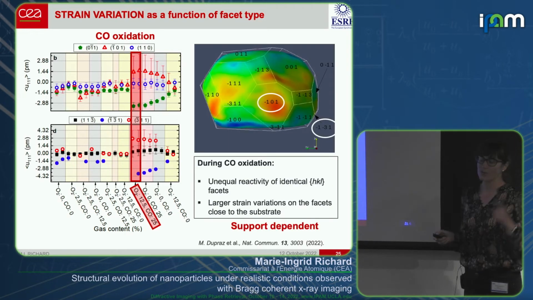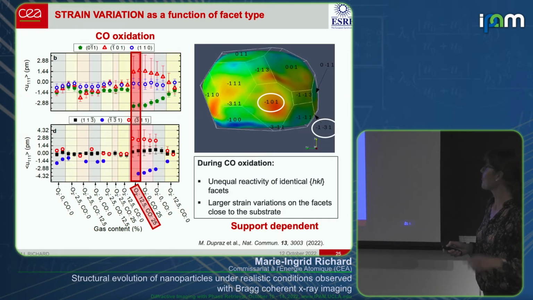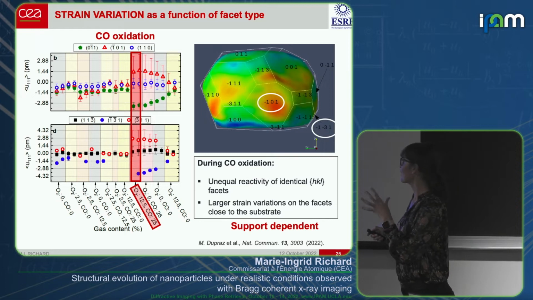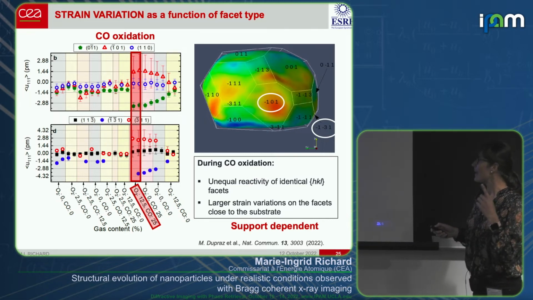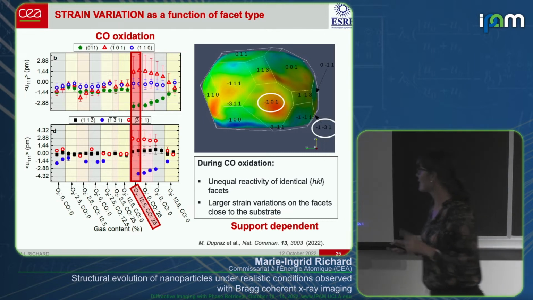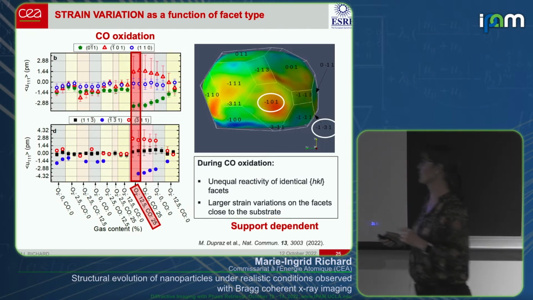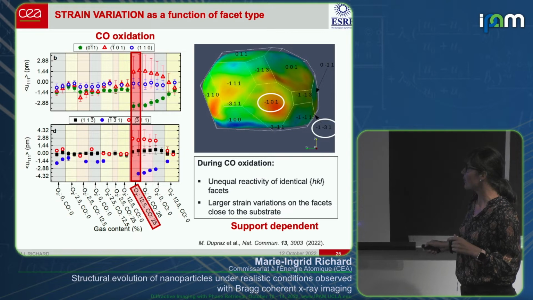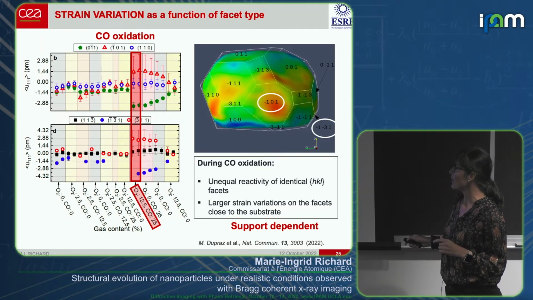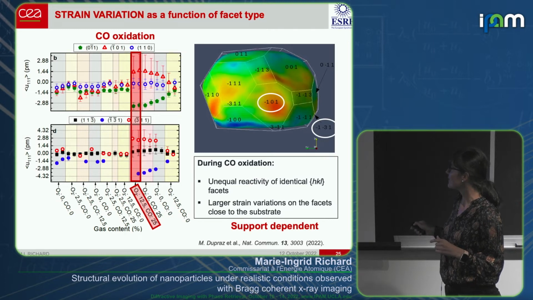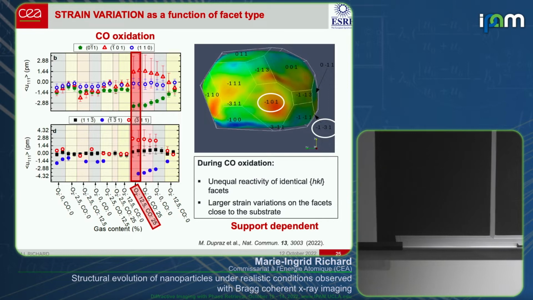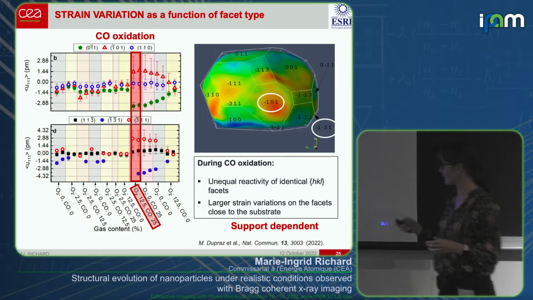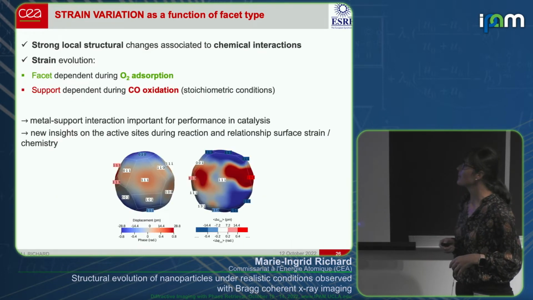During the reaction, what we have observed is that the HKL facets don't behave the same way, and that we have some larger strain variations on the facets which are close to the substrate. Here we have some huge variation, on a -1, -3, 1 facet, and this facet is, for instance, located here. So where we have a large strain is for the facets located close to the substrate.